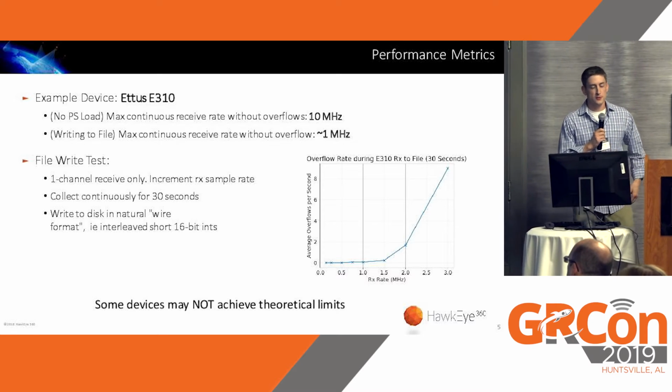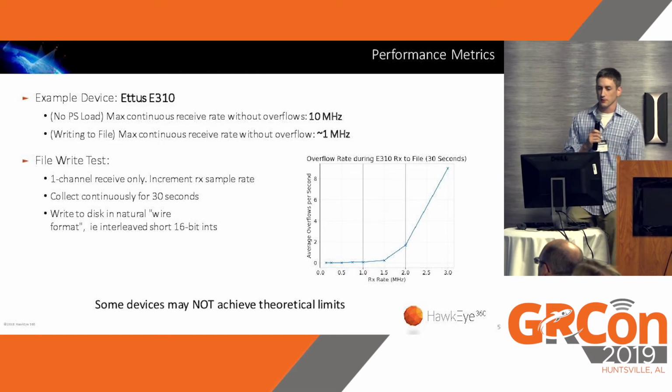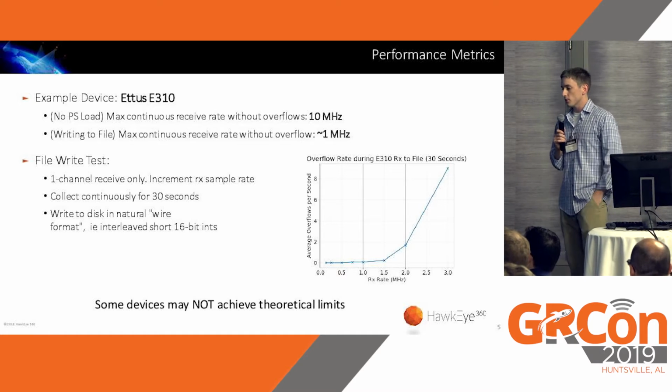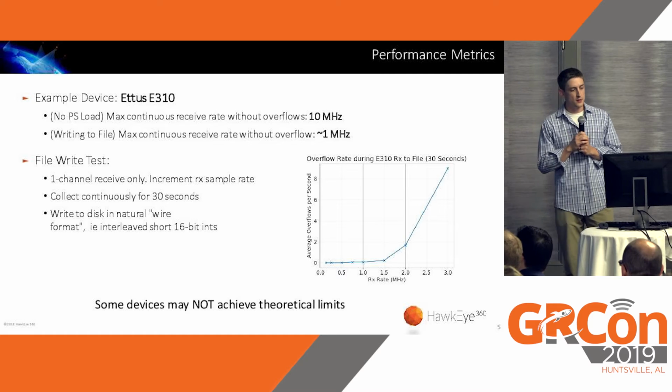For an example, let's just characterize what the E310 gets as far as just trying to take data straight off the 9361 and save it to disk.